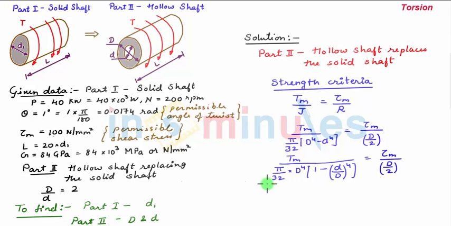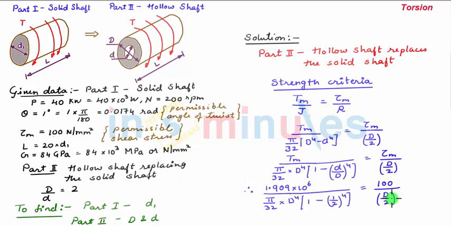So upon substituting the values we have 1.909 into 10 to the power 6, the whole upon pi by 32 into capital D to the power 4 into 1 minus 1 by 2 to the power 4, and this is equal to tau m, which is 100 Newton per mm square, upon capital D by 2.